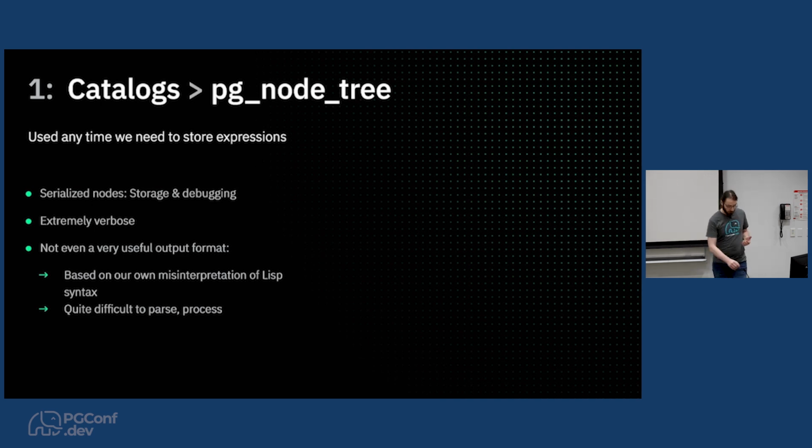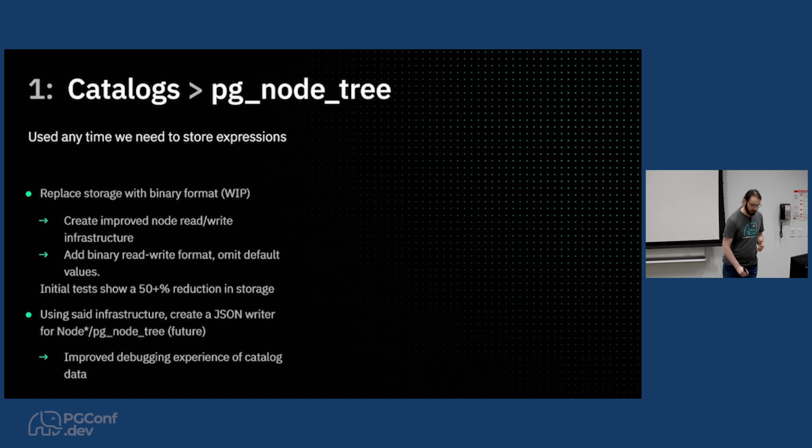So we should be able to improve it significantly. I have been working on a replacement where we replace it with a binary format, where a new read-write infrastructure is implemented with a new binary format rather than the very verbose, not quite JSON, but also format.